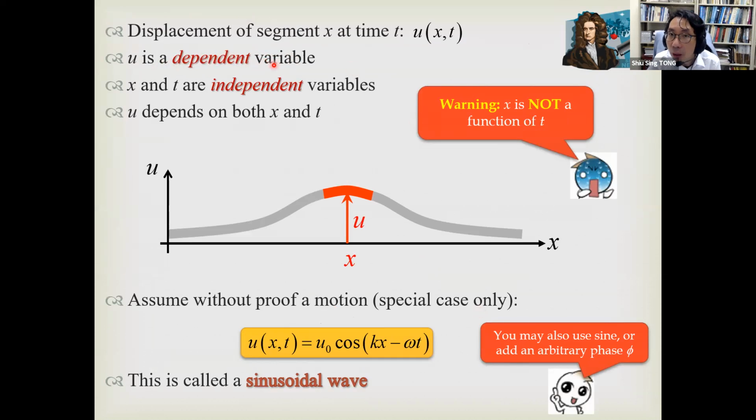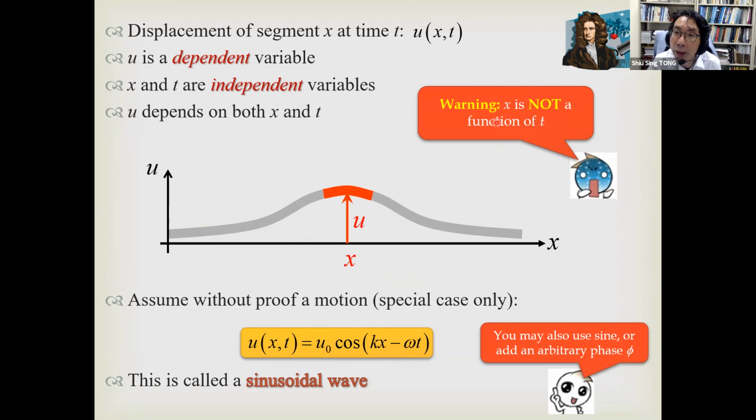So in short, if I write U as a function of X and T, U is the dependent variable, and X and T are independent variables. They can be chosen arbitrarily. You can choose where to look at the wave, and you can choose when to look at the wave. They can be taken independently, and U depends on both of them.